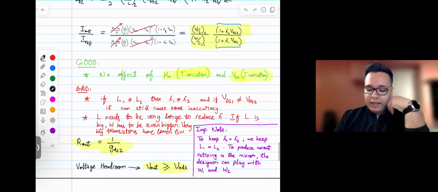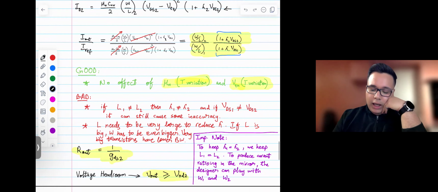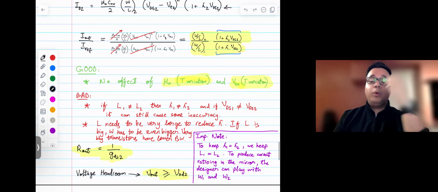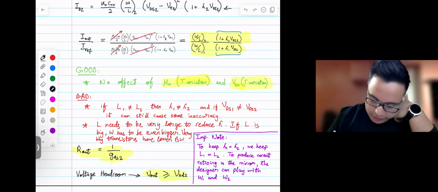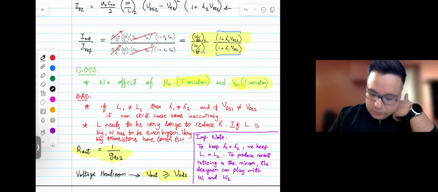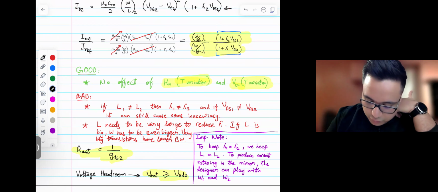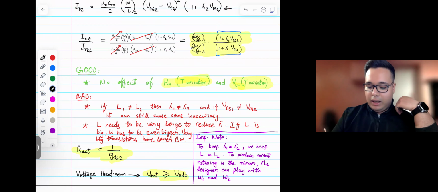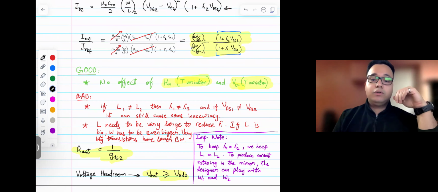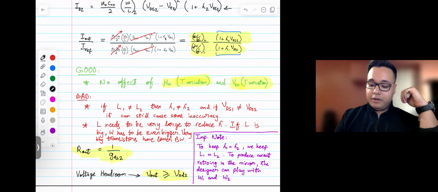If we increase the length of the transistor, then we would have to increase the width as well if we want to keep the current ratio the same. So let's say I increase this length to 10L and this to 10L, right? Then I would have to increase the width by a factor of 10 on both transistors as well to maintain the W over L ratio, right?